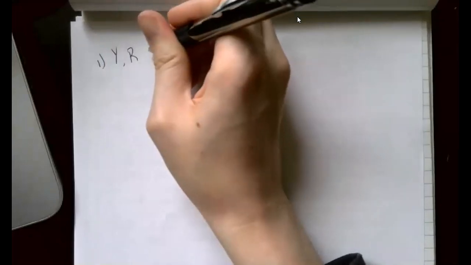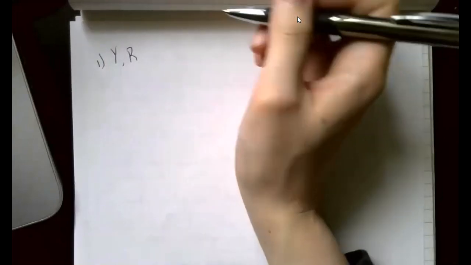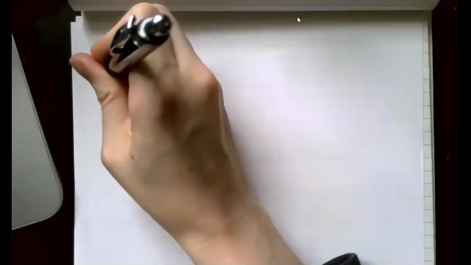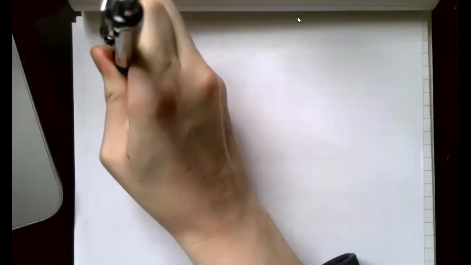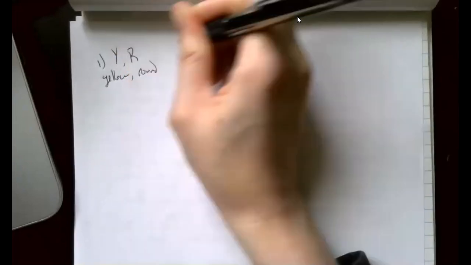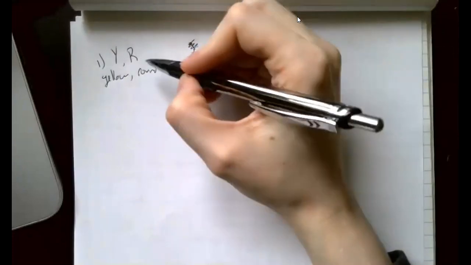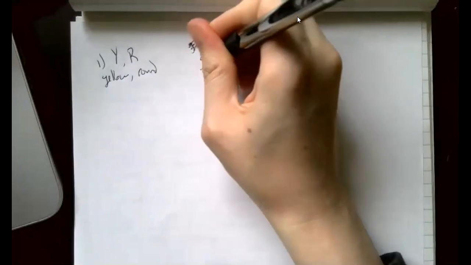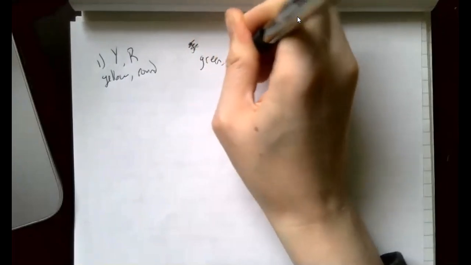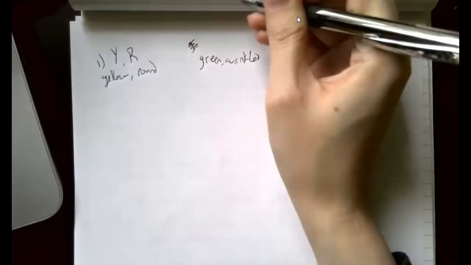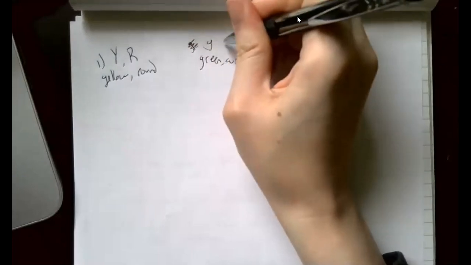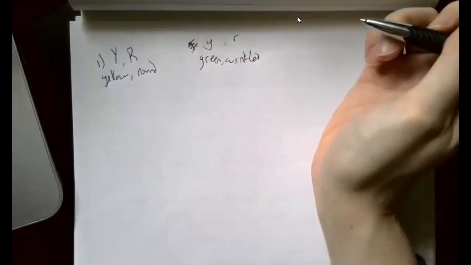Okay, so in example 1 here, it says that yellow and round are dominant to green and wrinkled. So we have yellow and round, which are capital Y, capital R. So then green and wrinkled, our recessive traits, must be lowercase y, lowercase r.